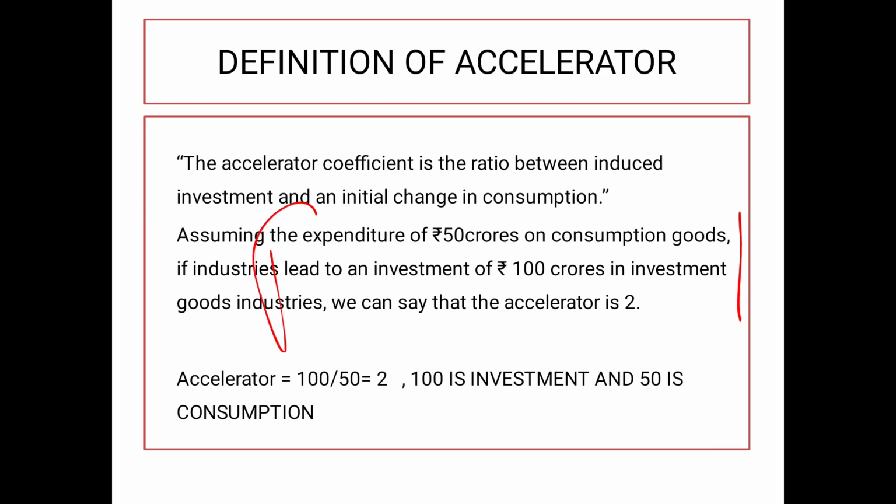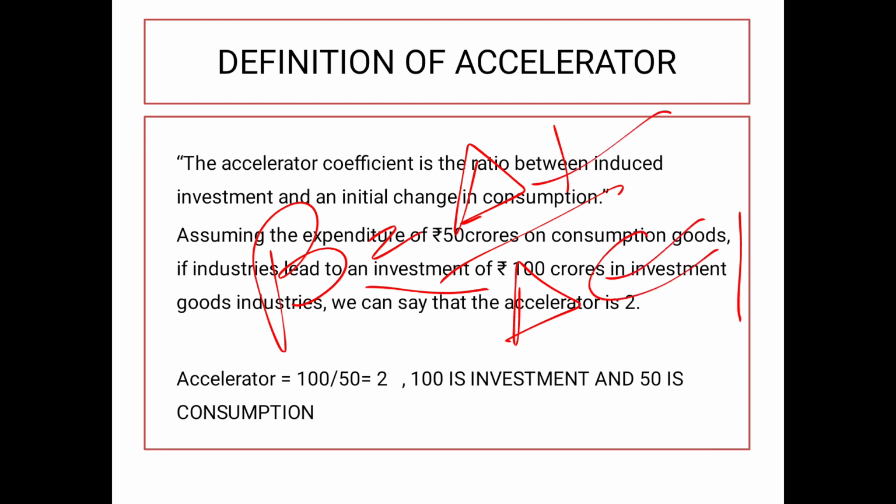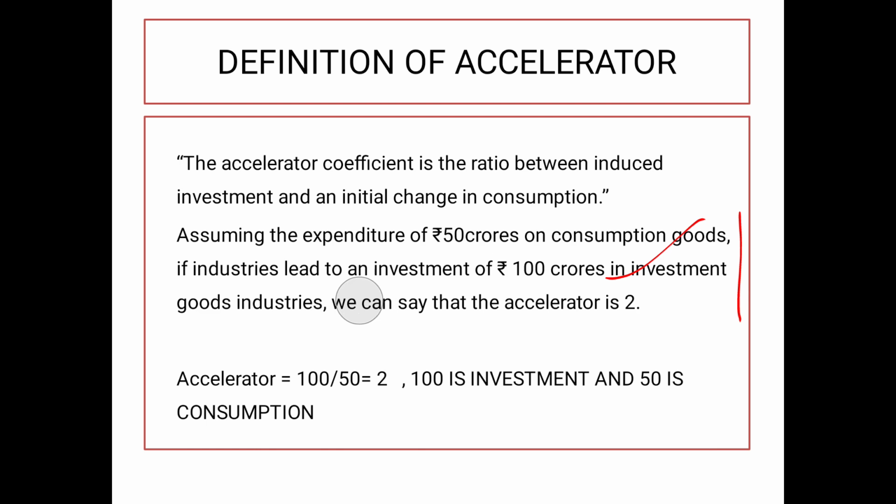The formula tells you beta is equal to change in I by change in C. Investment is 100 crores and consumption is 50 crores. That is why we get this answer as 2, since 100 divided by 50 is equal to 2.